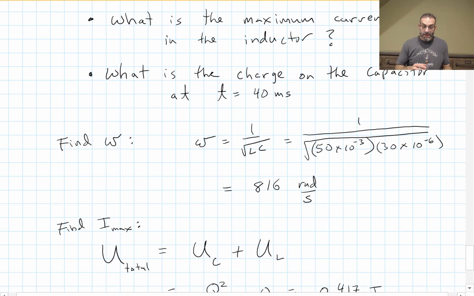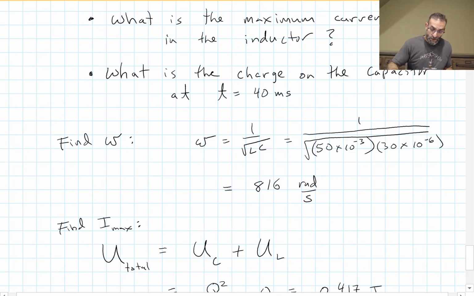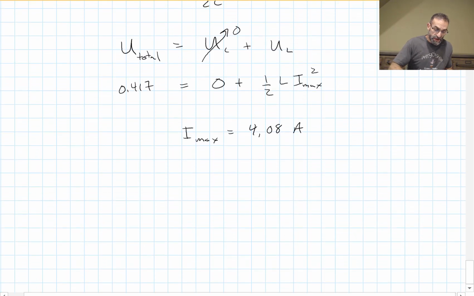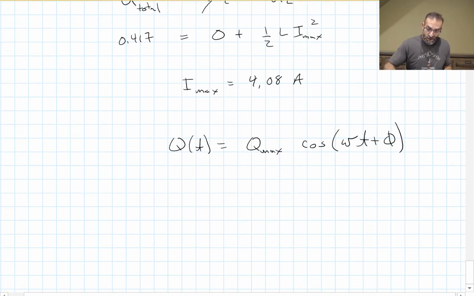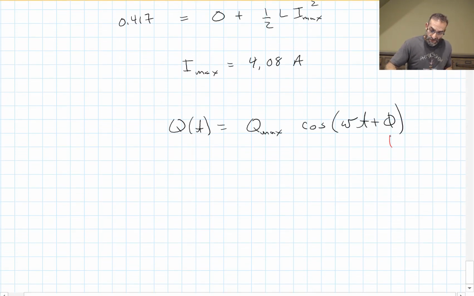Now it says, what's the charge on the capacitor at t equals 40 milliseconds? So we can go back and use the equation we just got for that simple harmonic oscillator, that LC circuit. We said the charge as a function of time was equal to Q maximum times the cosine of omega t plus phi. Well, we need to figure out what that phase angle is to fix our initial conditions, and then we can use this equation.